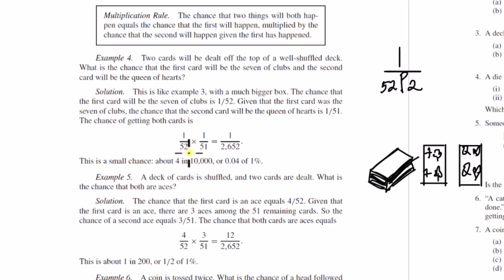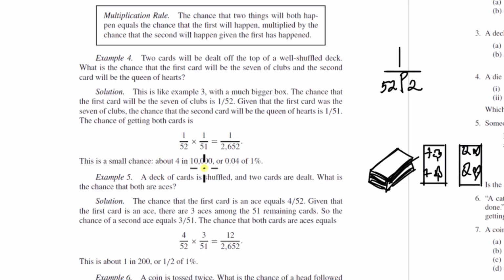When it comes to the denominator, you pick one card first, there's 52 possible cards. Then another card, there's 51 possible cards. That's how you're getting the total number of outcomes, 52P2. And in the numerator, there's only one possible outcome for the first card that's successful, and only one possible outcome for the second card that's successful, so you multiply those two, and you get the total number of successful events.